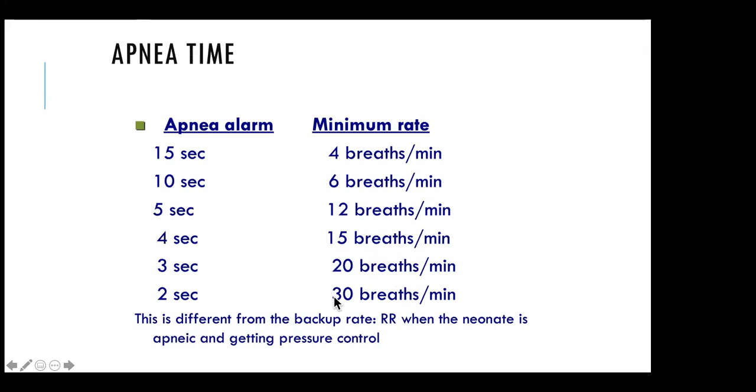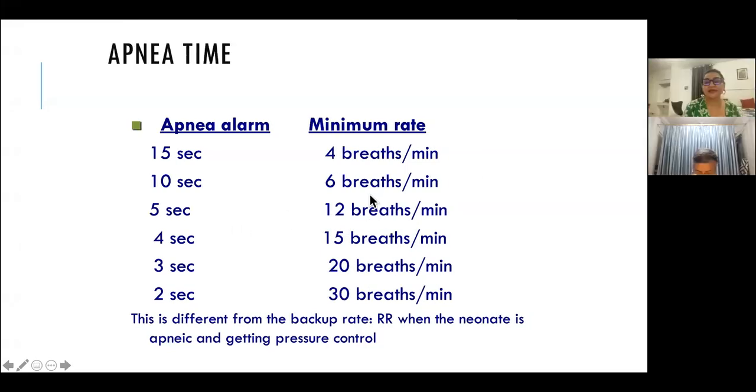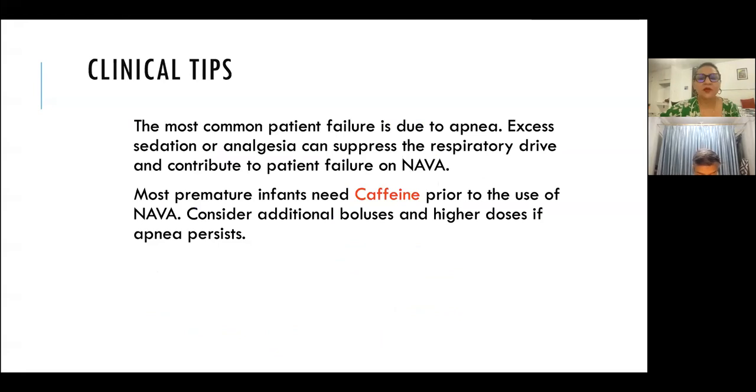So 20 and 30 is quite high for the apnea setup, but at least this 5 second is a good apnea alarm number, where the minimum rate is 12 breaths per minute. So when the baby is not breathing even 12 breaths per minute, that is the time when the backup would start.